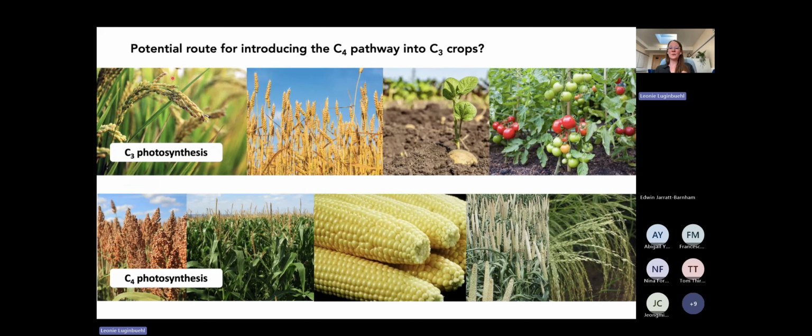But of course, this is just one mechanism, and we know that there are other mechanisms as well that have to be considered for potentially engineering a C4 pathway into C3 crops. But we hope that by doing that, eventually we'll be able to make plants that are much more resilient to climate change, especially important crops such as rice.